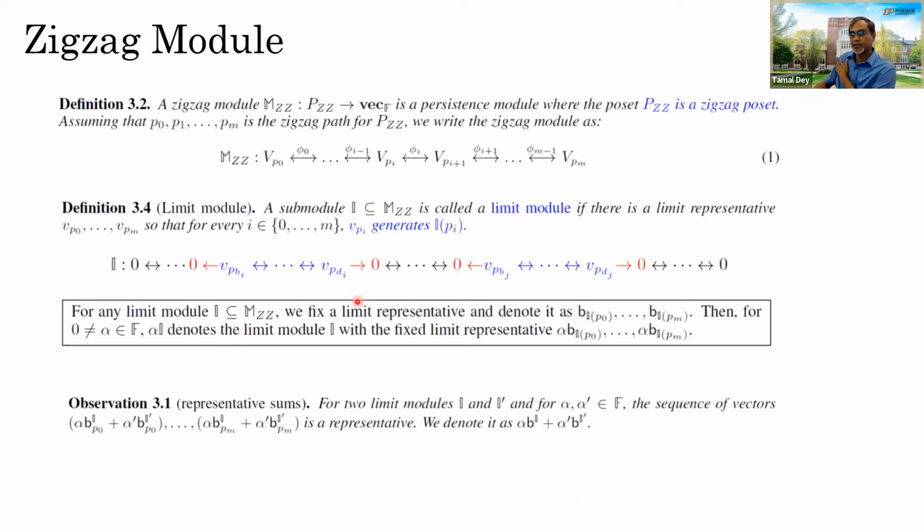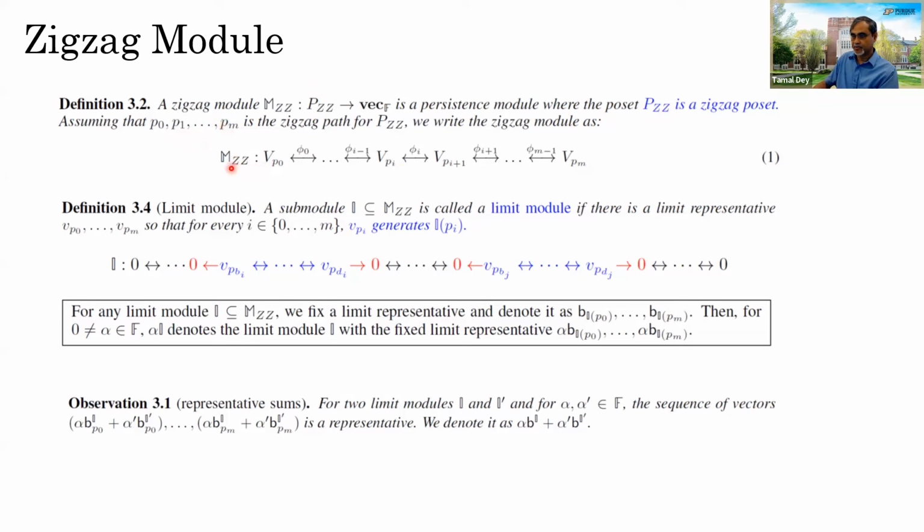What we call a zigzag module, I call MZZ, which is defined on a zigzag poset PZZ. And what is PZZ? PZZ is a zigzag poset, basically a sequence of zigzag arrows connecting point P0 to PM.